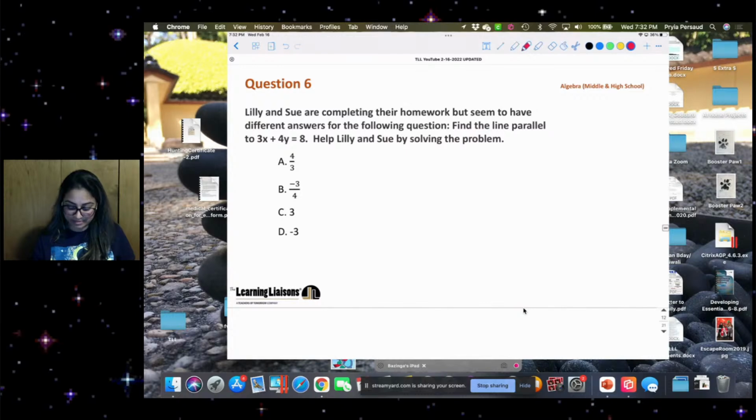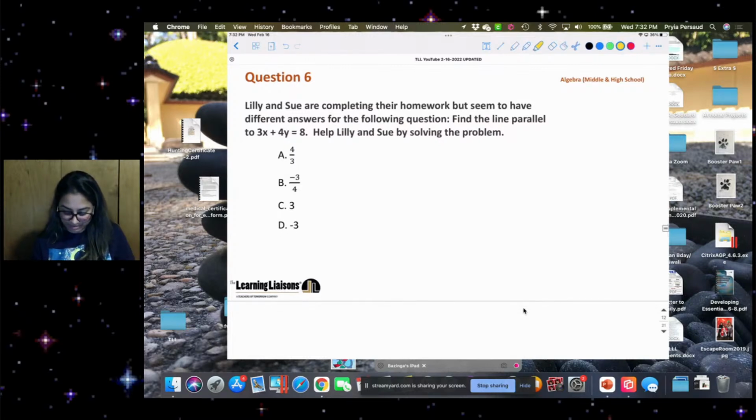Number 6. It's an algebra problem. Here we have Lily and Sue, and they're completing their homework, but seem to have different answers for the following question. The question is, find the line parallel to that. They want us to help Lily and Sue by solving the problem.